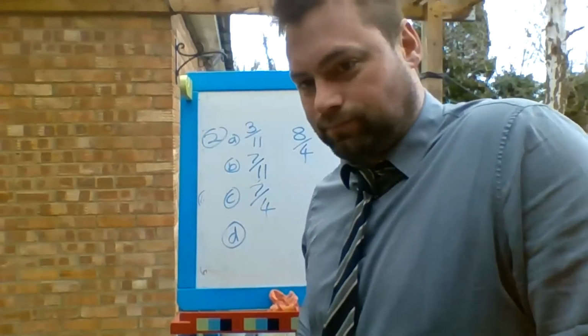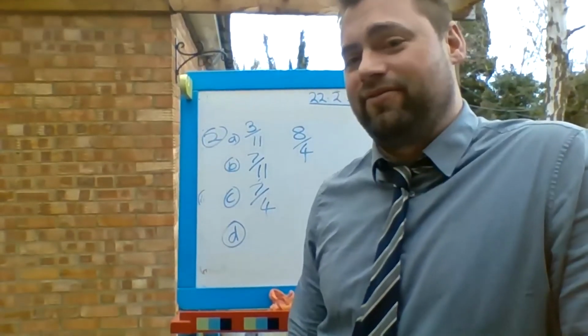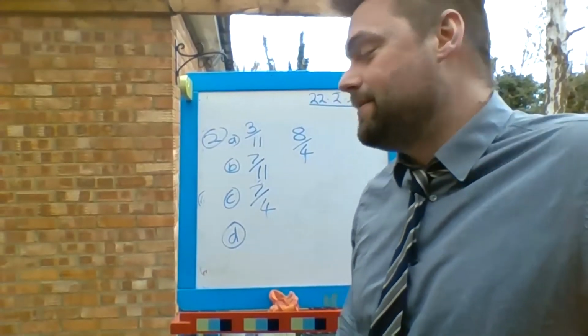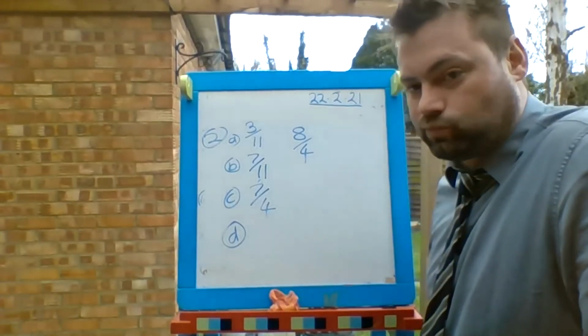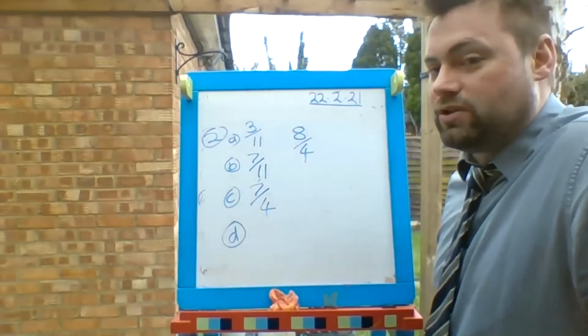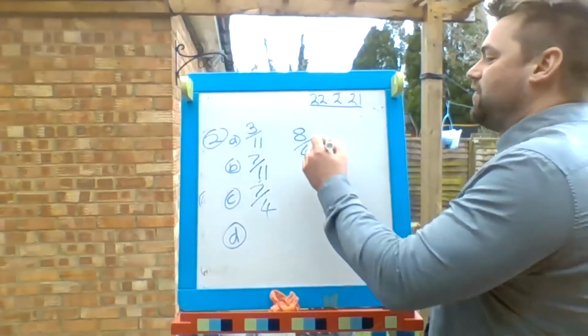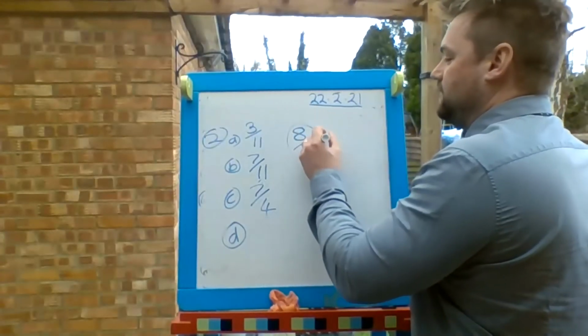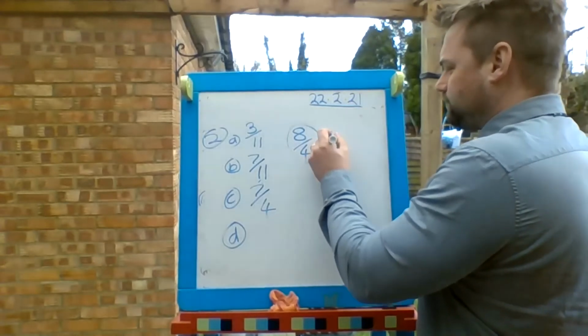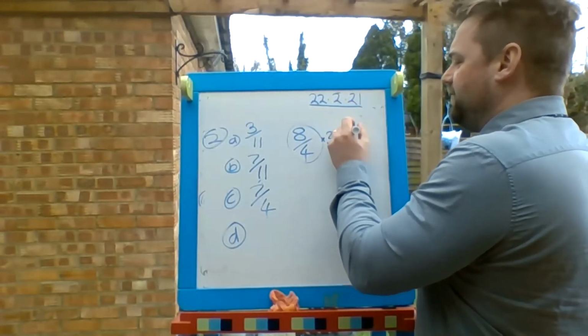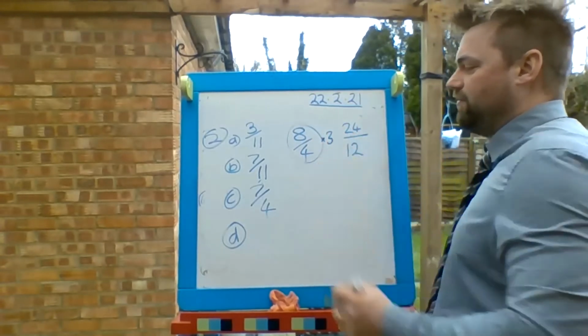Now, we need to think of an equivalent fraction here to make sure we get this one right. What number is in the 4 and the 3 times table? 12. So let's times this whole fraction by 12. By 12? No, by 3. So then we get 24 over 12.